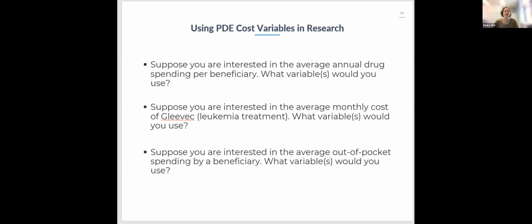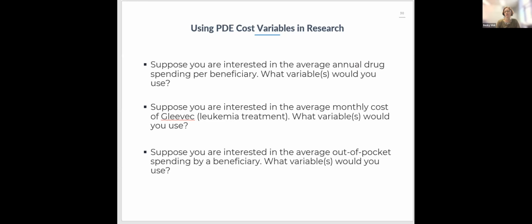So just thinking more about how we would use the PDE cost variables to do research. Suppose you're interested in the average annual drug spending per beneficiary. What variables would you use? You could simply use the total drug cost to calculate a value for that research question.